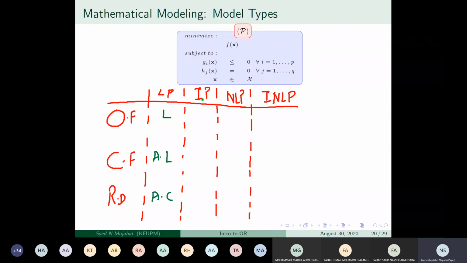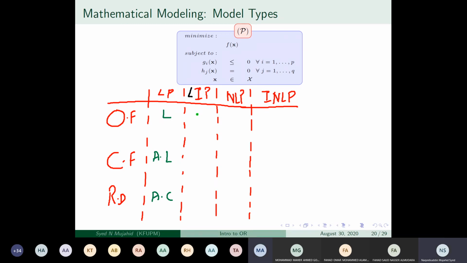Now, what will make it an integer program? And remember, when we say integer, roughly speaking, there is a small L here. It means linear integer program. If it is nonlinear, we will highlight it. But if it's linear, you usually don't highlight it. So, what makes it a linear integer program?